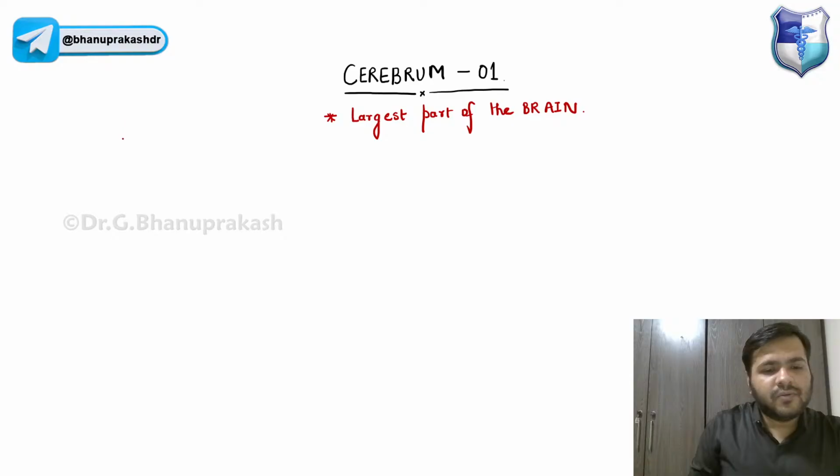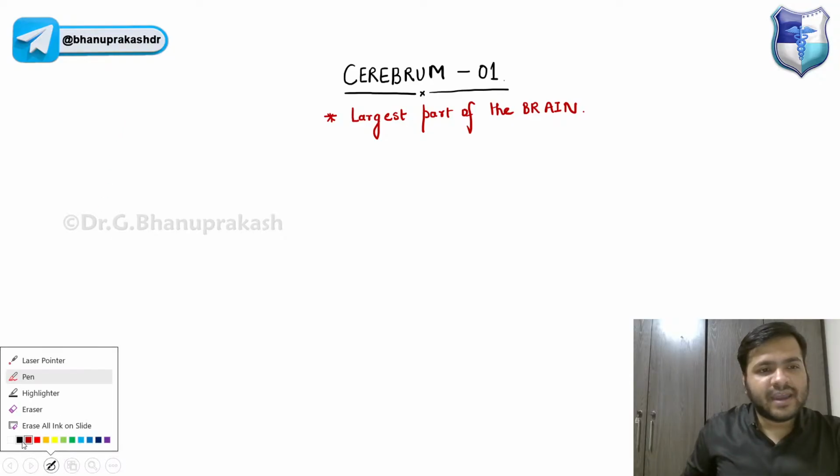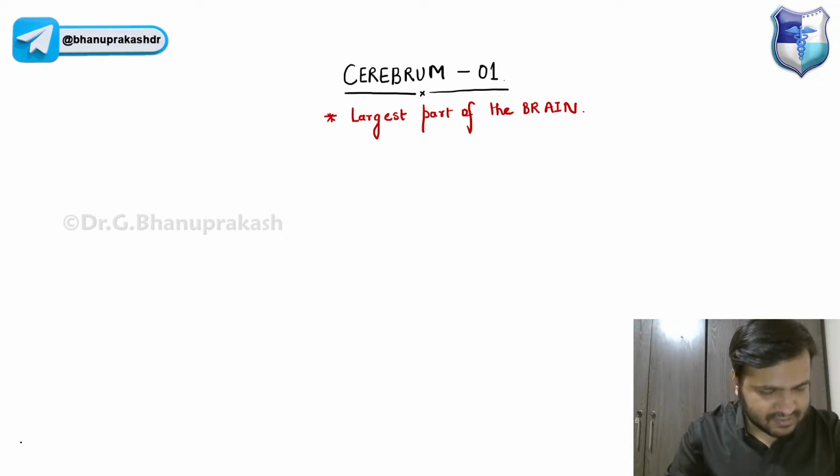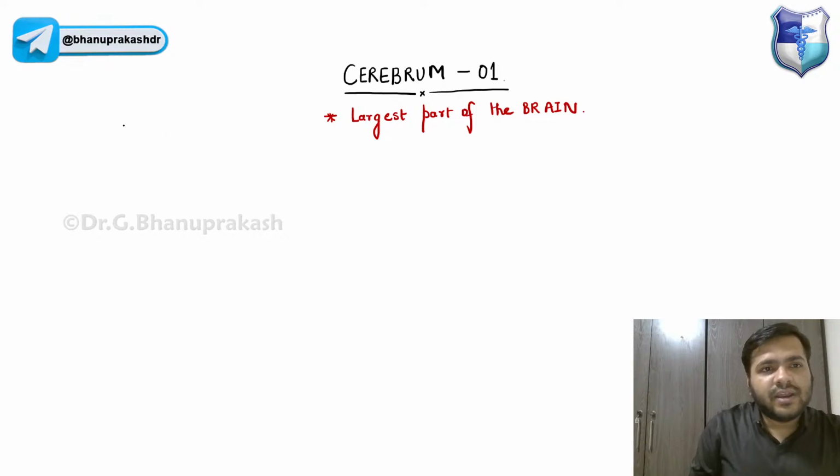Now, guys, you already know if we take a sagittal section, the cerebrum is just like this, right? Below the cerebrum, we have the midbrain, then the pons, the medulla oblongata.